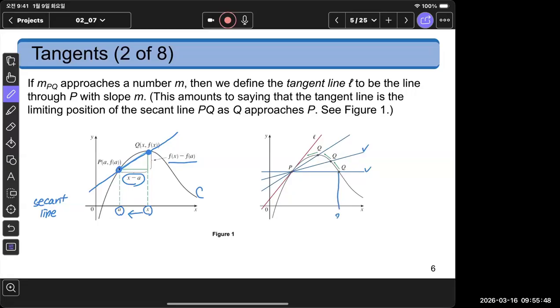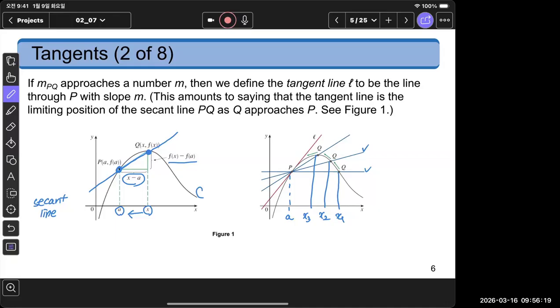Here is my x1, then x2, then x3. So as the value of x goes from x1 to x2 to x3, in this way, as your x approaches the value a, the slope of the secant line will approach.